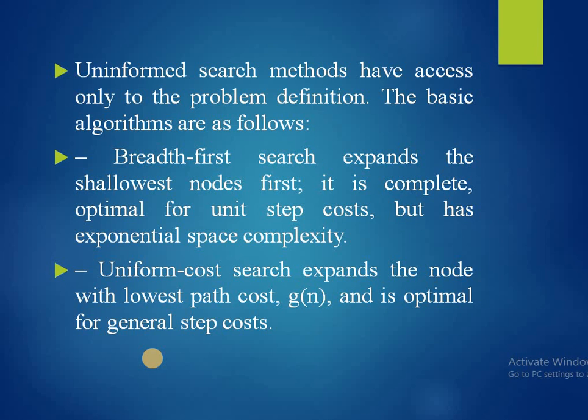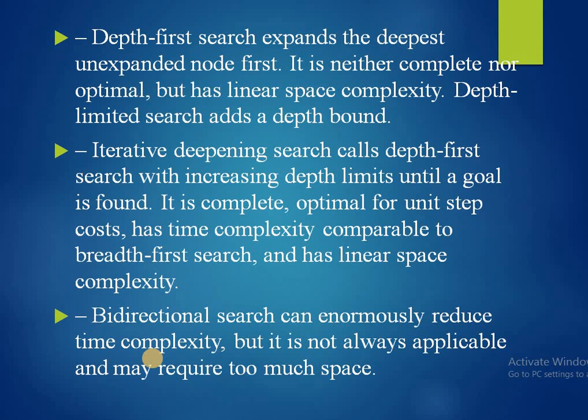The second method is uniform cost search, which expands the node with lowest path cost g of n and is optimal for general step costs. The third search method is depth first search, which expands the deepest unexpanded node first. It is neither complete nor optimal, but has linear space complexity.